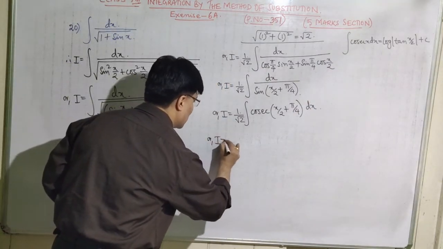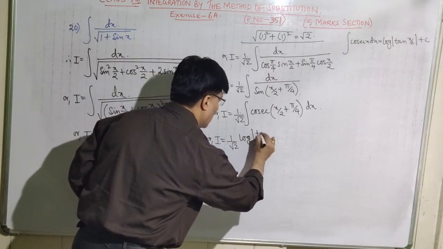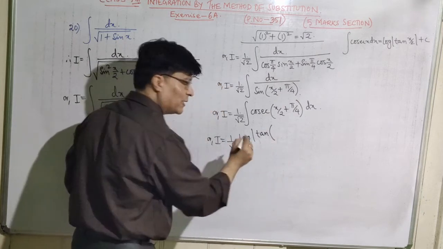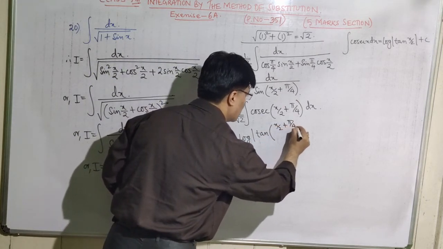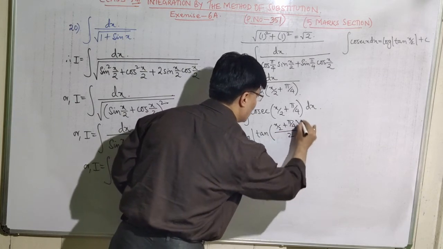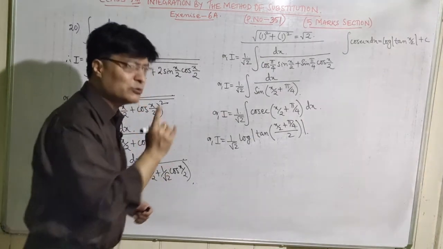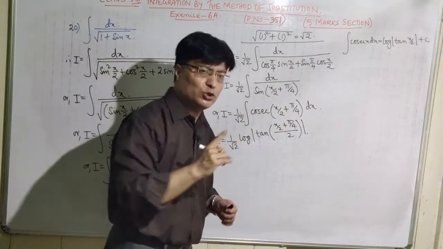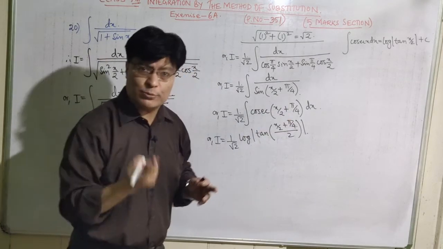So I is equal to 1 by root 2. What is the formula? Log within mod tan of within bracket x by 2. What is x by 2? x by 2 plus pi by 4 is x divided by 2, mod sign closed. Now this is the case of integration. Again you have to differentiate the term which is assumed as x. That is x by 2 plus pi by 4 was assumed as x.